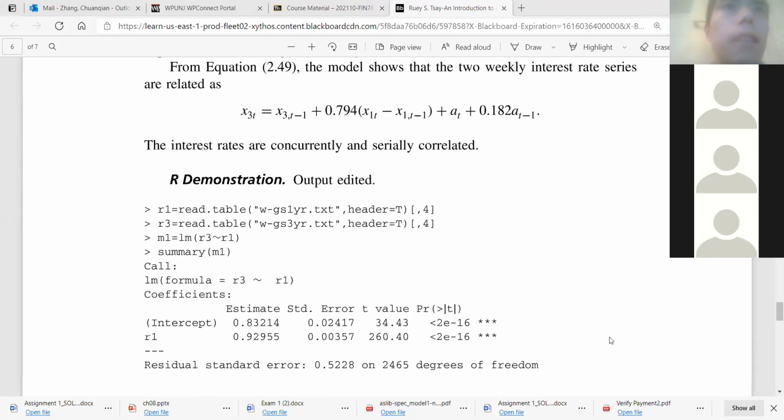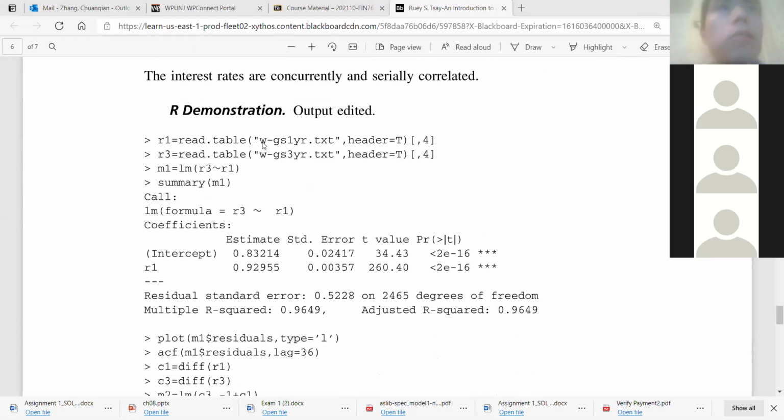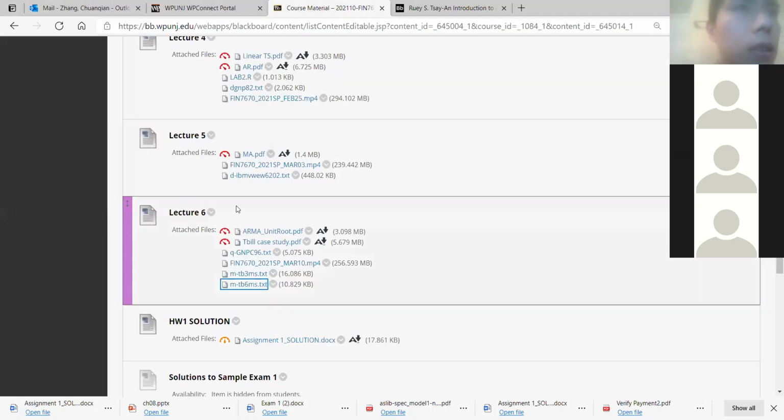I think the data we want is the GS 1 year and GS 3 years. Let me try to find them and re-upload. But I still want to continue and finish my part on Lab 1, because there are several data cleaning techniques I want to introduce to you. So wait for several minutes for me while I reorganize that.